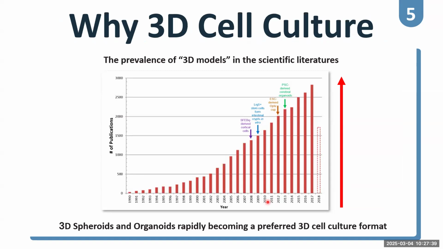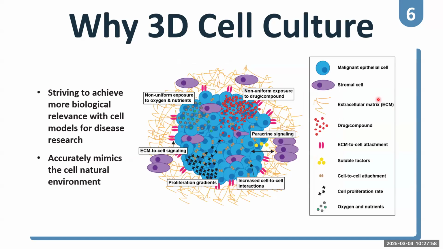Coming again to this literature review, about the 3D model, when we search on PubMed you see a large increase in publications. The y-axis is the number of publications that use the 3D model, and until now it is quite popular in the cancer research field.